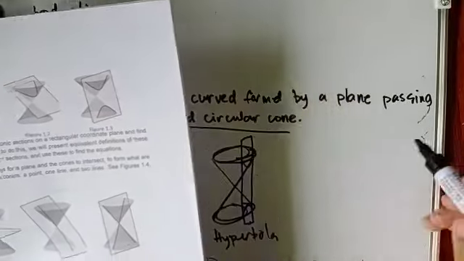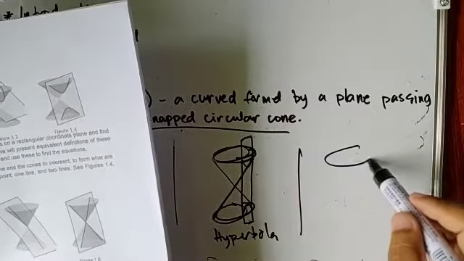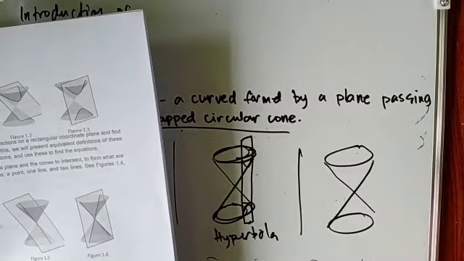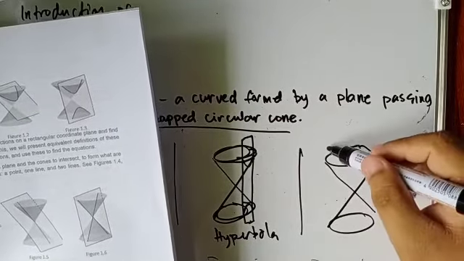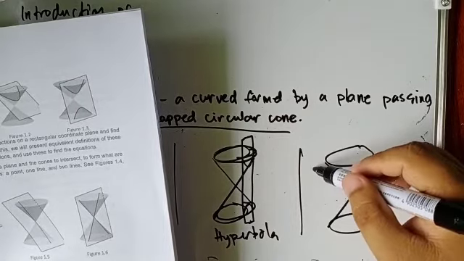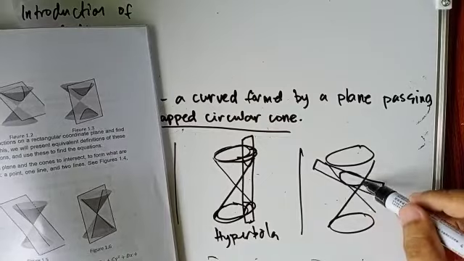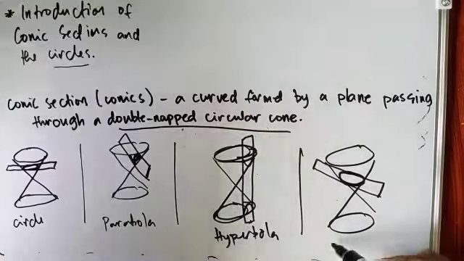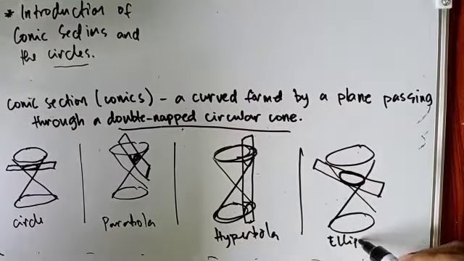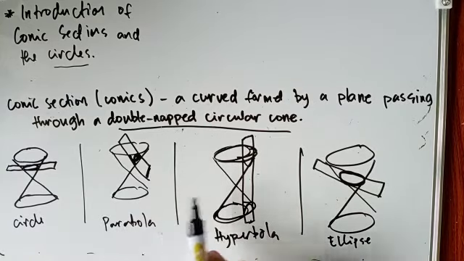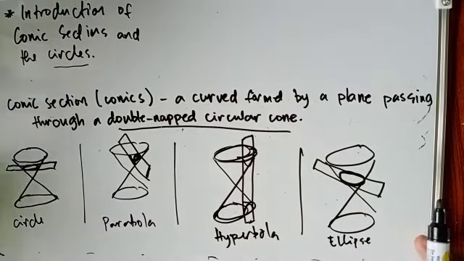Tapos naman, yung ellipse, paano niya nakuha, is meron tayong, again, double napped circular cone. Tapos, pinaslant niya lang yung plane niya. Pinadaan niya dyan. Ito, mag-create to ng ellipse. So meron tayong circle, parabola, hyperbola, tapos ellipse. Pasensya na sa illustration natin, pangit.